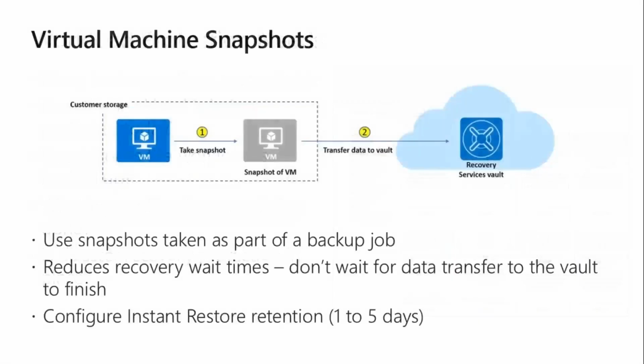Virtual machine snapshot. Audience, in a virtual machine we have two options to take a snapshot. One is a snapshot and the second one is an image. The best option in case of a production environment is the image. Why so? Because when you take an image of a virtual machine, it will take the OS disk information as well as whatever data disk you have.